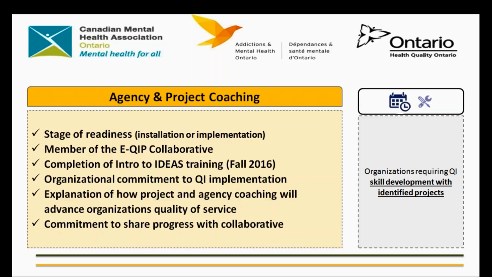And an explanation about how the project in HC Coaching will advance the organization's practices around QI and how it's going to benefit the clients that you serve. We'd also ask that folks who take part in the coaching are willing to share their progress and their experience as part of the community of practice so that others can learn from it.